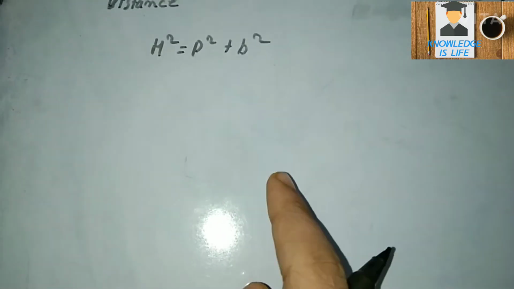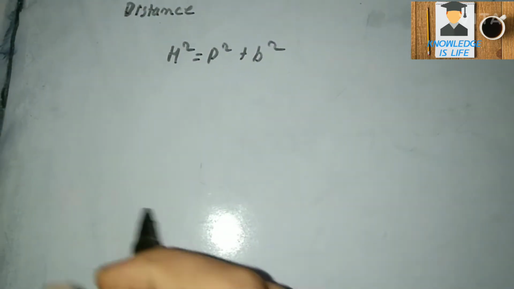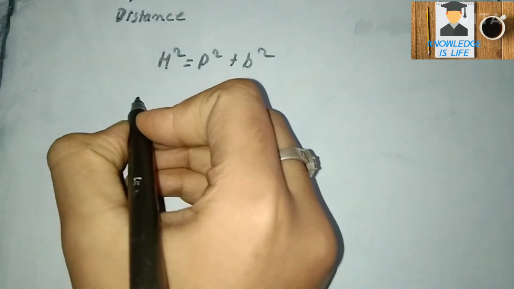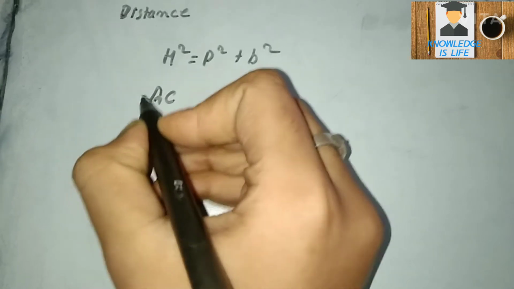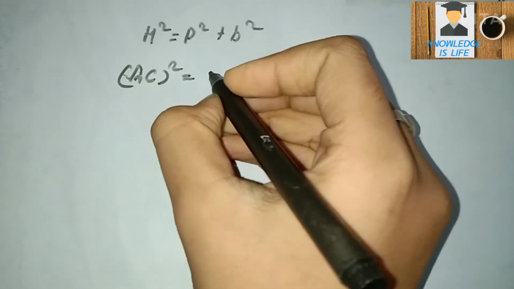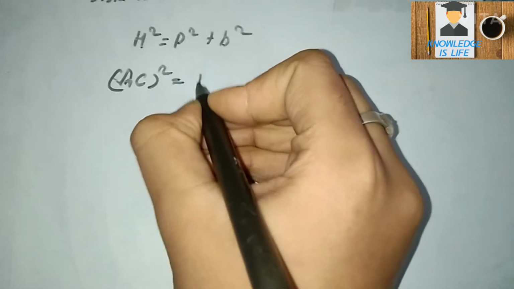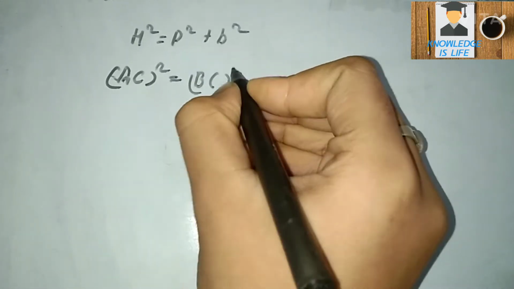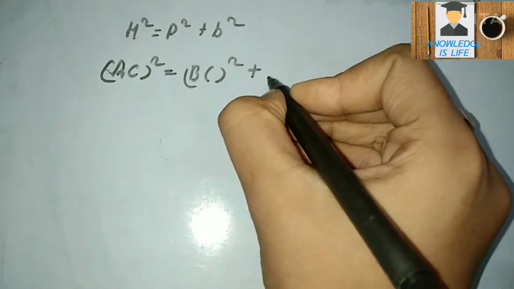According to the formula, h square equals p square plus b square. Here our h is AC, so AC square equals BC square plus AB square.